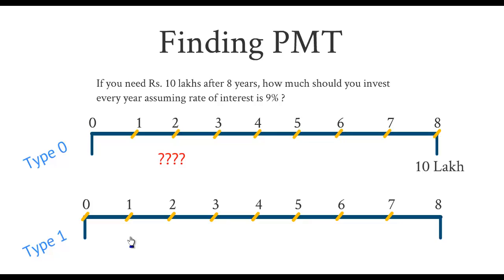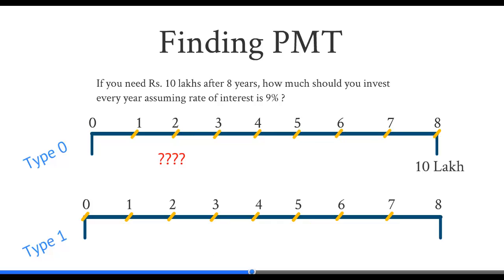So most investments follow type 1, and hence, important thing to remember: when the question is not very clear as to what type of cash flow it is, we will apply a little bit of logic. For any investment, we will take type 1 as the default type. So when nothing is given, take type as 1. Now, moving forward and creating a timeline for both of them in particular.